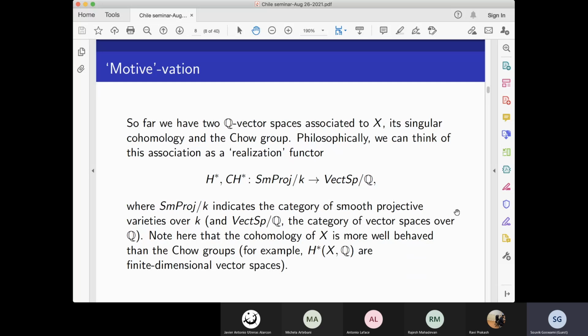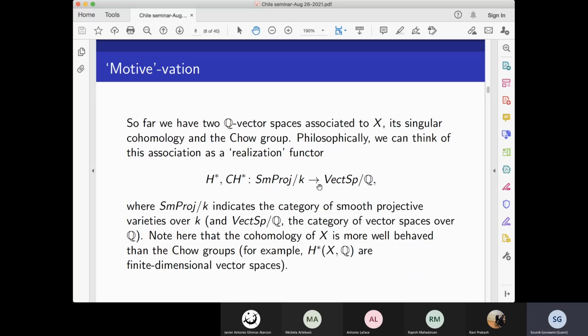So what exactly are we doing? This was the idea of the great mathematician Alexander Grothendieck. He envisioned that you have this category of smooth projective varieties over K on one hand, and on the other hand, you have the vector spaces over Q. So this Chow group or the cohomology group, let's say the singular cohomology group, these are, in his words, realization functors.